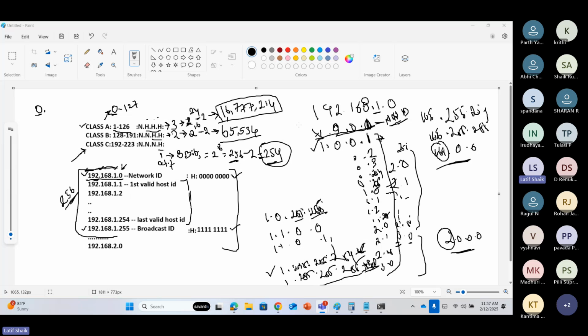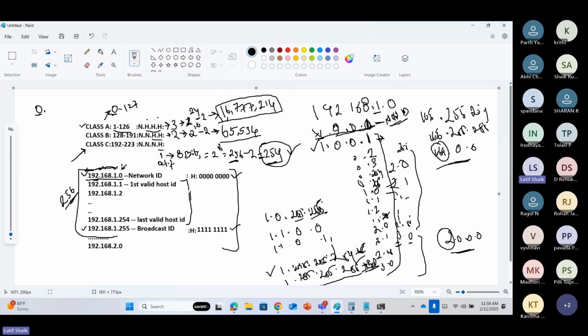How many devices can we connect? 254. Very good. 254 IP addresses. It means in one single class C network, you can connect 254 devices.